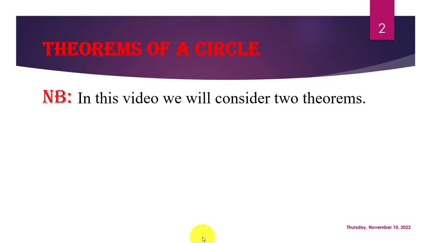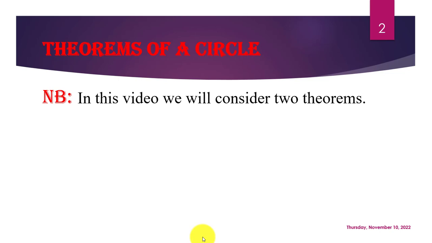In our last video, we talked about two theorems of a circle. The first one states that the angles subtended by the same arc or chord at any point of the circumference are equal.